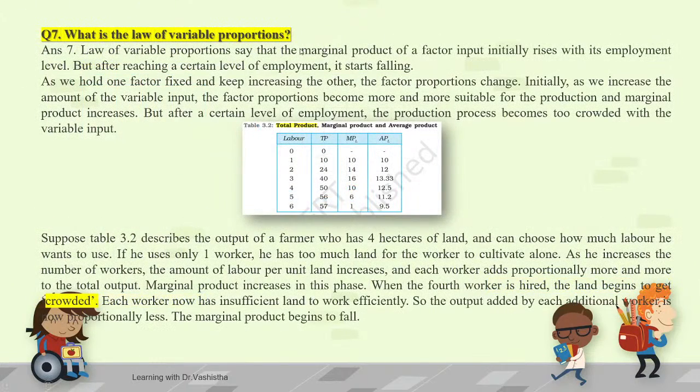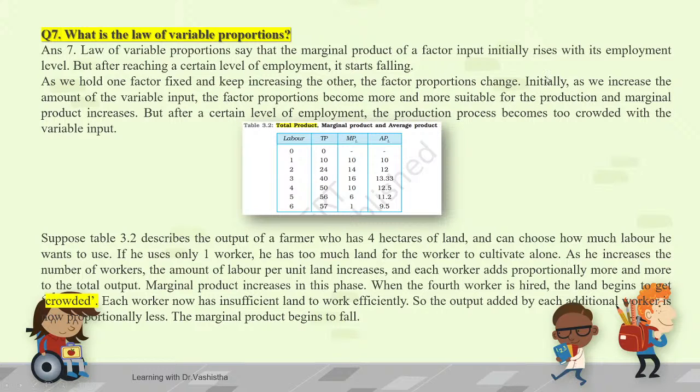Now what is the law of variable proportions? This law says that the marginal product of a factor input initially rises with its employment level, but after reaching a certain level of employment it starts falling. As we hold one factor fixed and keep increasing the other factor, the factor proportion changes.